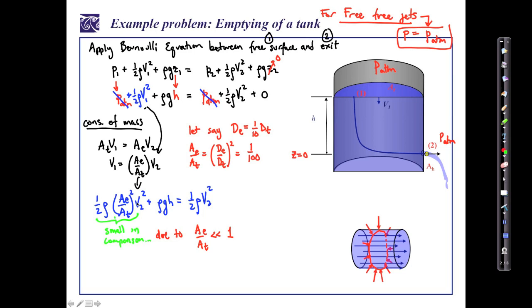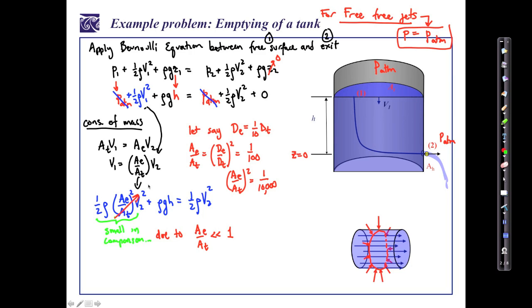Now if I come down to this term, I'm going to have here AE over AT squared. So for that, AE over AT squared is equal to 1 over 10,000. So if I have 1/2 rho V2 squared over here, and 1/10,000th of that over here, this is approximately equal to 0.